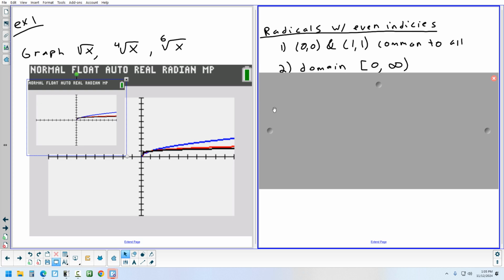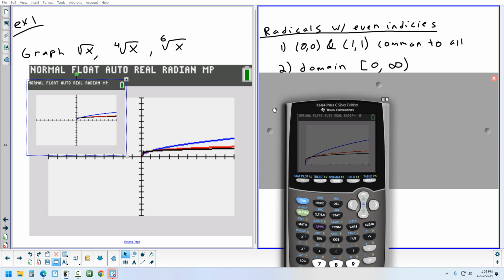Now, how about the range? How low do the graphs go? It's like 0 probably. They go as low as what number? 0. Yep, they go as low as 0. And how high are they going to go if I kept zooming up? Probably infinity, yeah. It looks like they start to flatten out, but they never do.